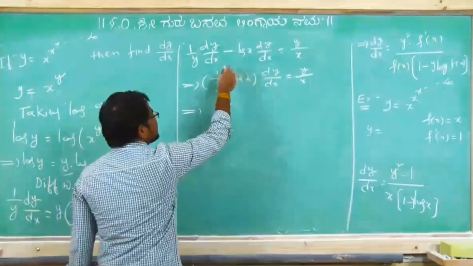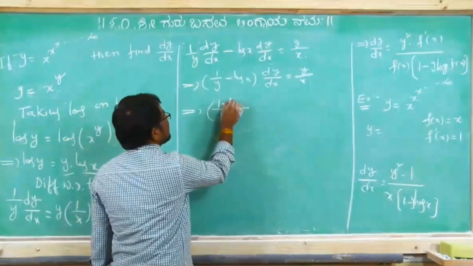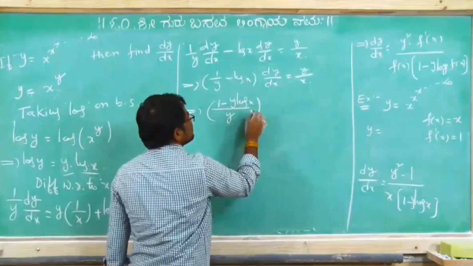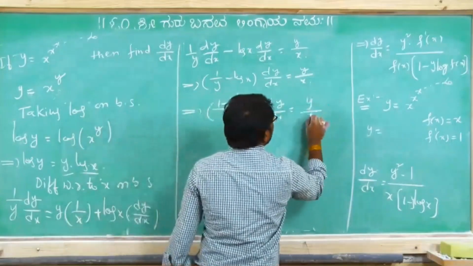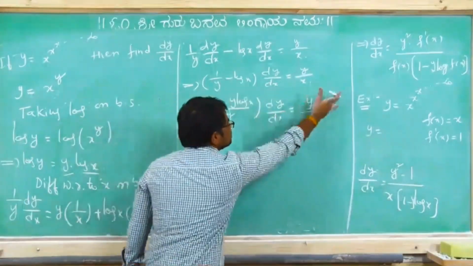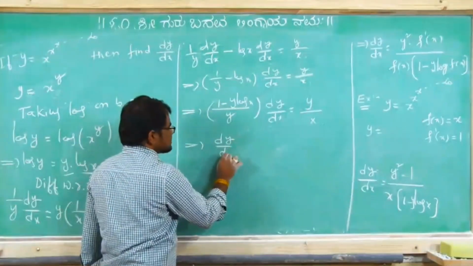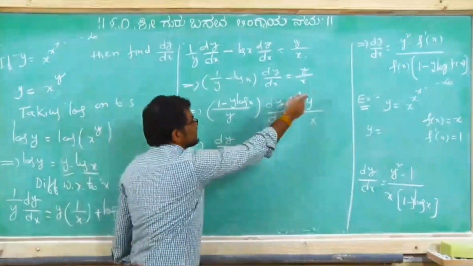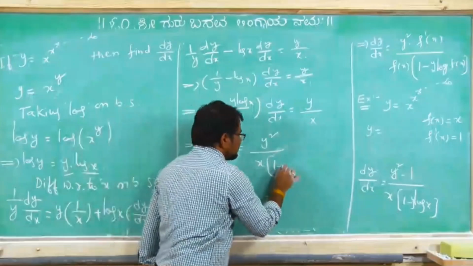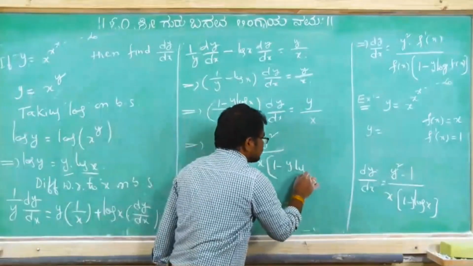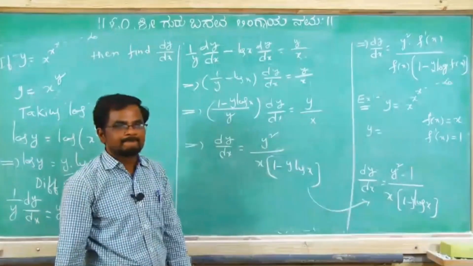Now taking LCM, 1 minus y log x over y, into dy by dx, equals y by x. Now multiply this total term to that side. That implies dy by dx equals y square by x into 1 minus y into log x. Same as before, right? Okay.